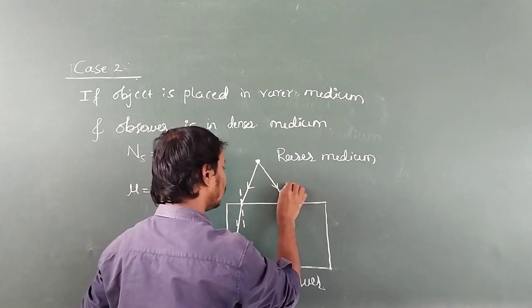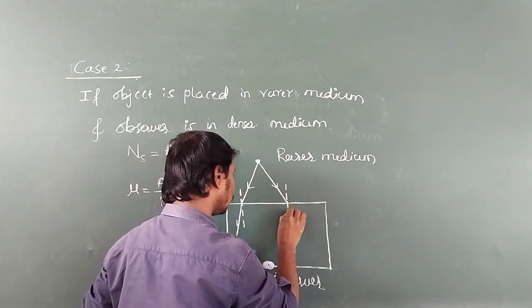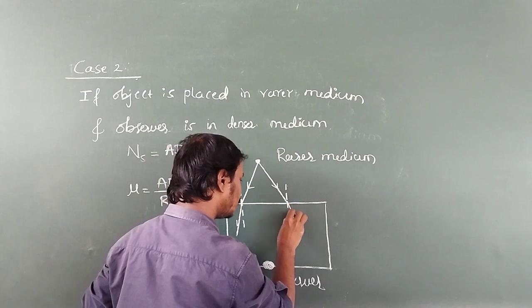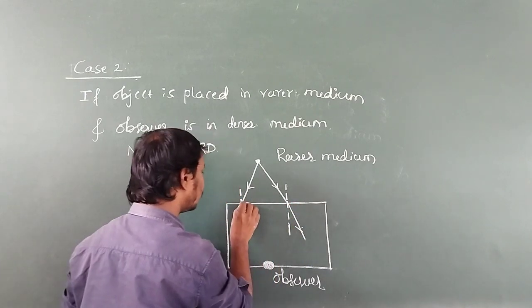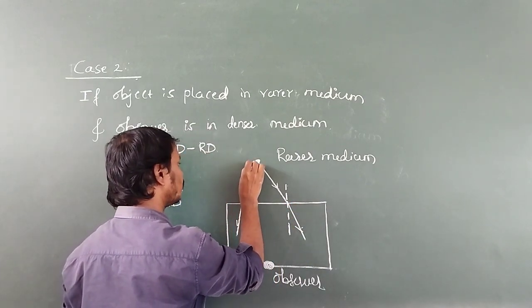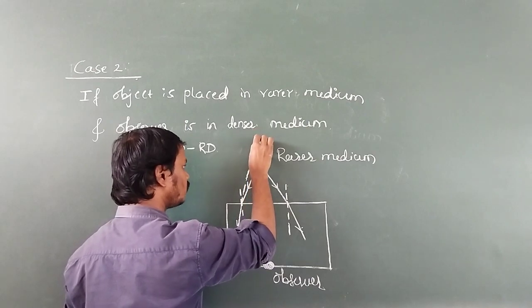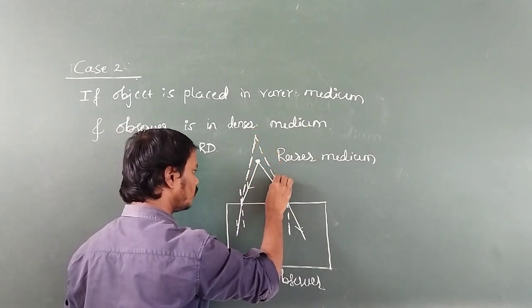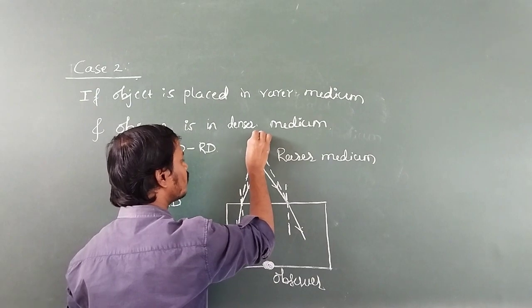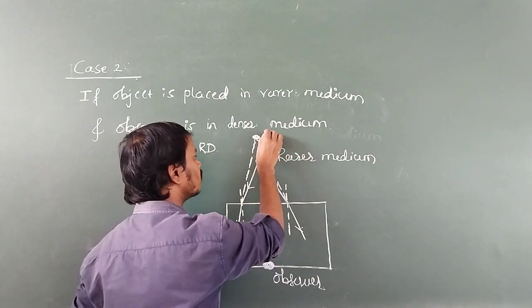Next, again I will draw the normal here, and the refracted ray bends towards the normal. I will extend these two refracted rays. Here the observer can observe the image of the object.